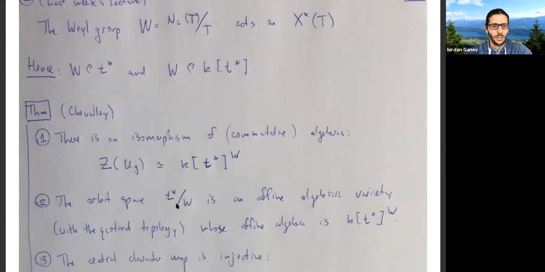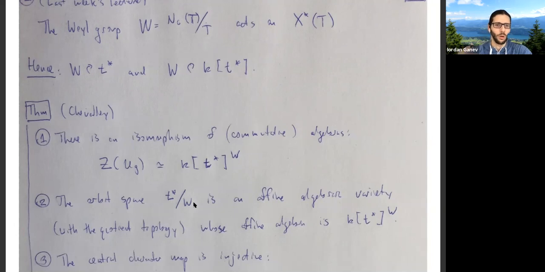Another thing is that if we think about this algebra and the invariants, it turns out that this is the affine algebra of a different variety: the orbit space.